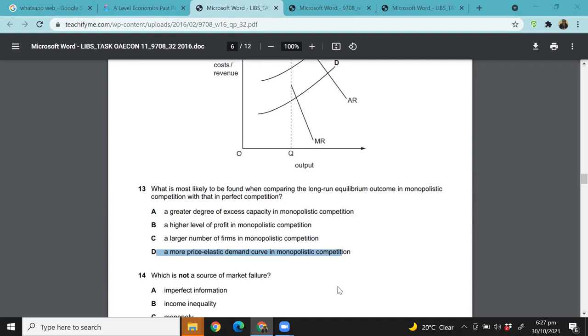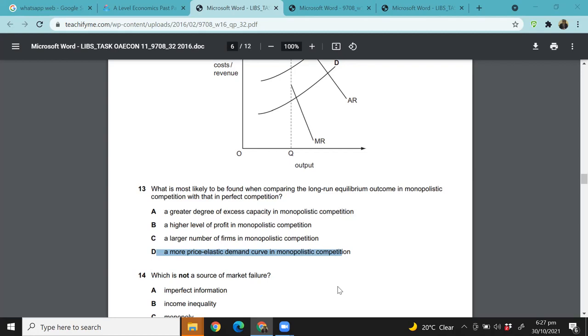C is saying that the number of firms in monopolistic competition is larger, whereas we know that it is perfect competition which has the greatest number of firms out of all the market structures. So C could not be the answer.